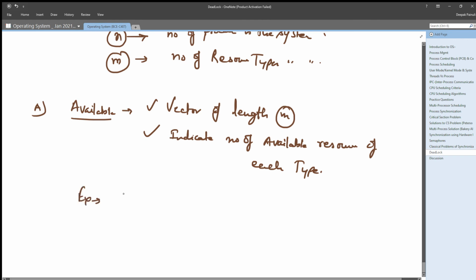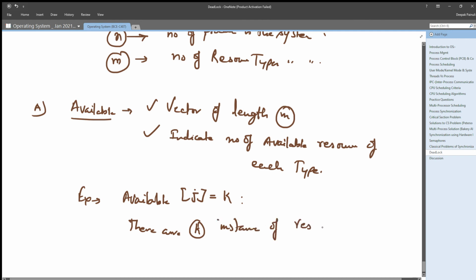Let us understand. Available[j] equals k. It will simply mean that there are k instances of resource type Rj available in the system.